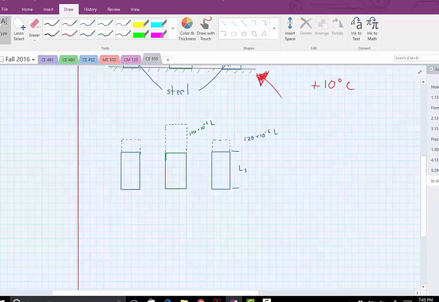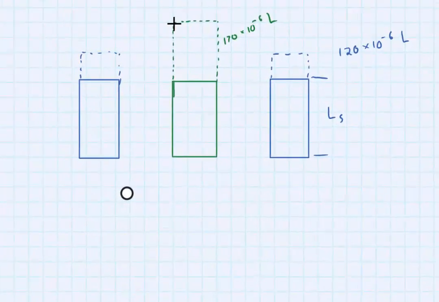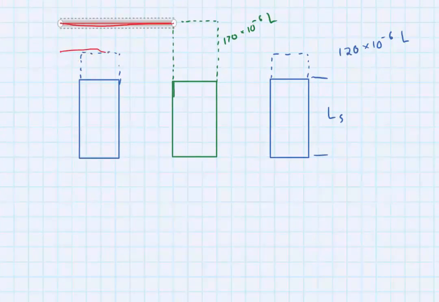So what we want to look at is these two lengths right here. If this is the height of the copper and this is the height of the steel, what we want to know is what is this difference, right?